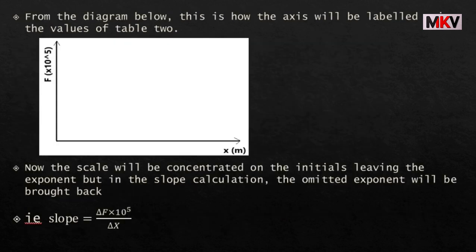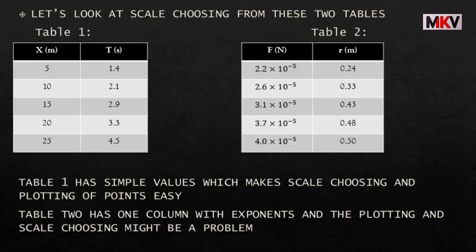Looking at the sketched graph here, we can see that on the y-axis we have F, which is the axis title for force, then the bracket for the unit of the axis. Going to the table, we notice that the first column has exponentials.